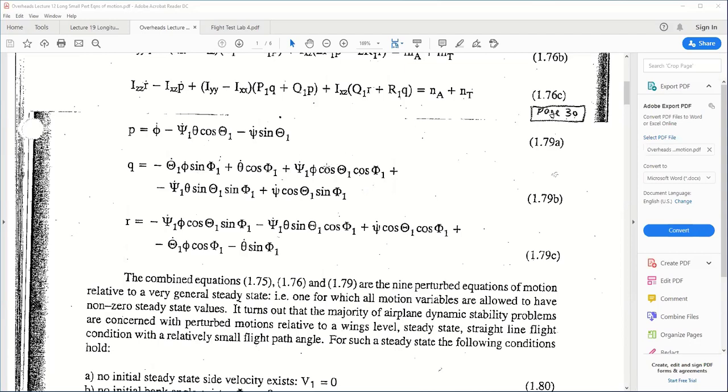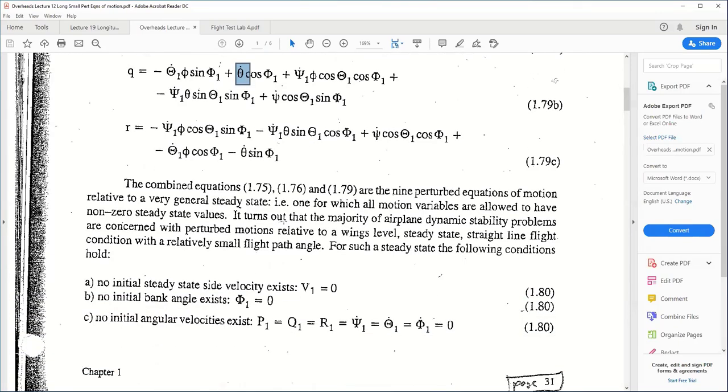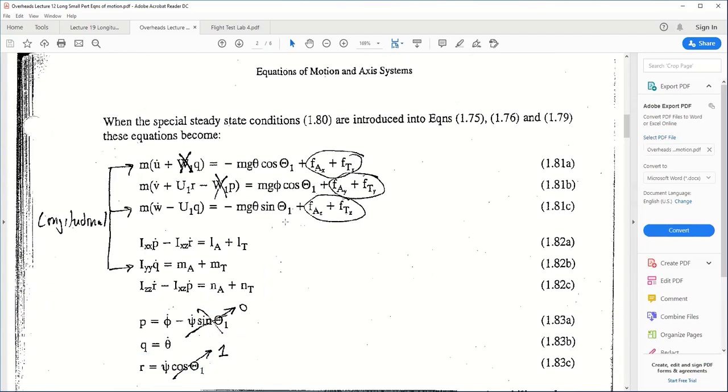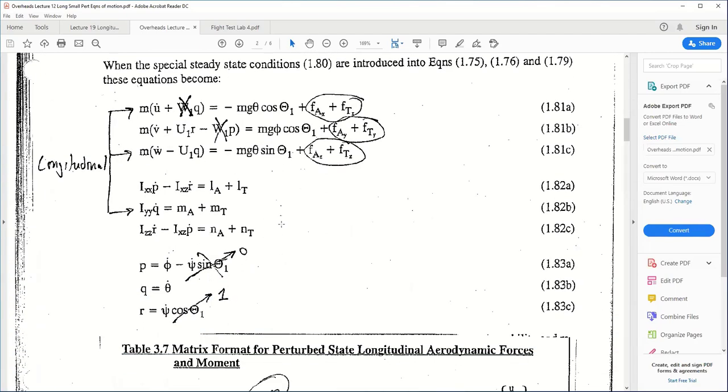There's no pitch angle. There's no rates here, so it's psi 1 dot. All of those rates are 0. Bank angle is 0 here. So the only thing you're left with is this term right here. So that simplifies those equations quite a bit, just saying no bank angle and no psi 1 dot, no rates. Doesn't mean we couldn't do this for another case, right? We did pull-ups and stuff like that, but it just makes the equations more complicated.